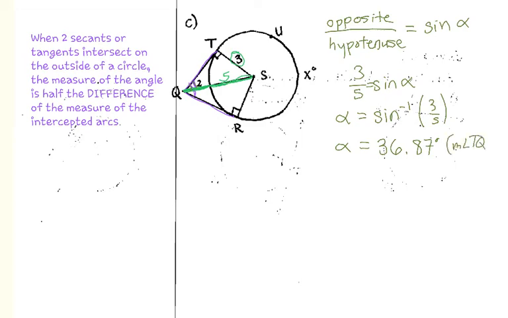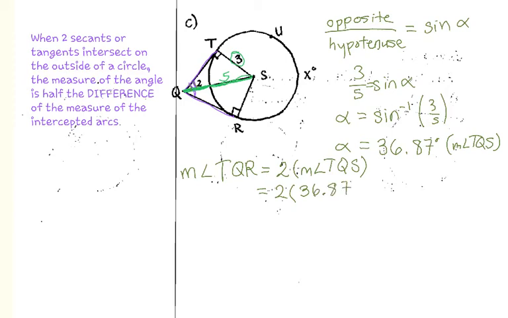With that angle measure, we know the measure of angle TQS. We want to find the measure of angle TQR so that we will be able to find angle X. TQR is 2 times the measure of angle TQS, so that's 2 times 36.87, which is approximately 73.74 degrees.